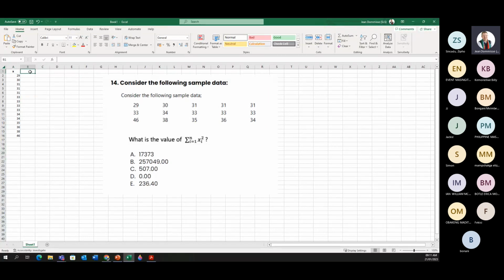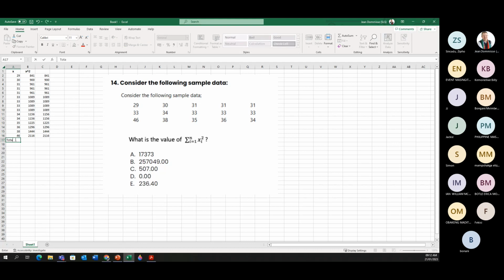So if I want X, I'm going to write it as X to the power of 2. You can actually use that formula, or you can just say that times itself. You will get exactly the same answers. Then we get to the total. So let's just do the sum of it.